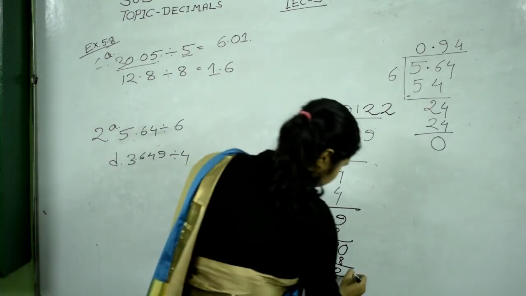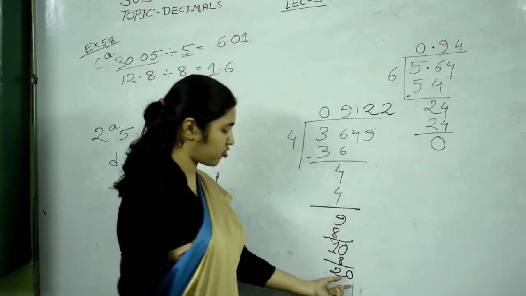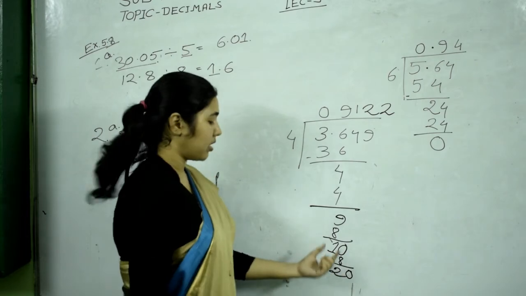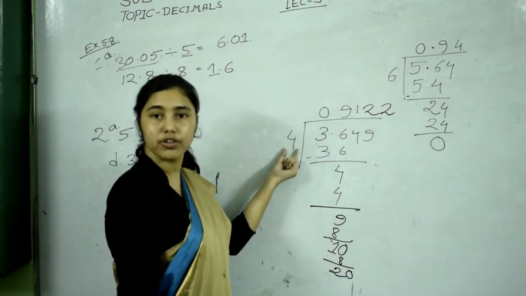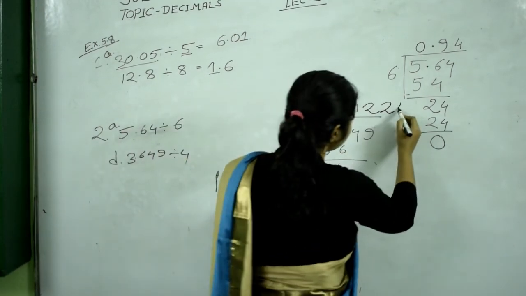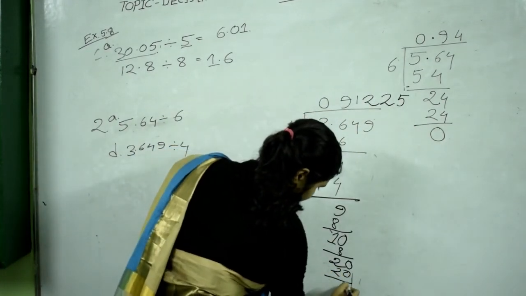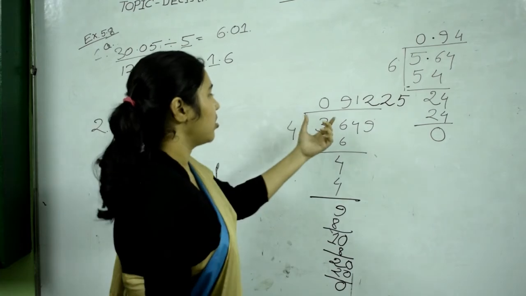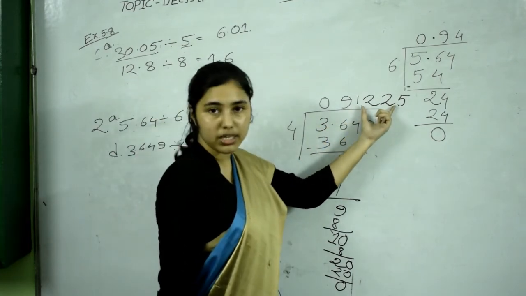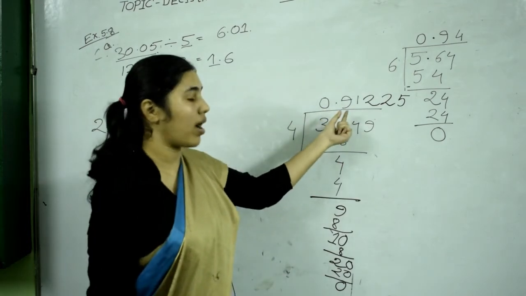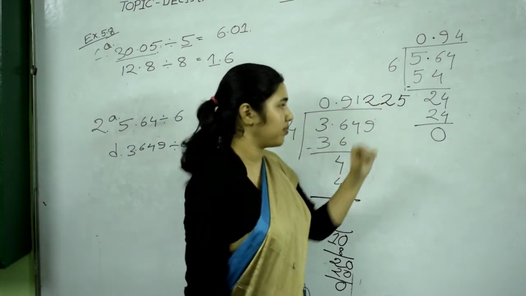So again consider 1 extra zero and make it 20. Now 20 is divisible by 4, right? Because we know that 5 4s are 20. So our quotient is 0.91225.